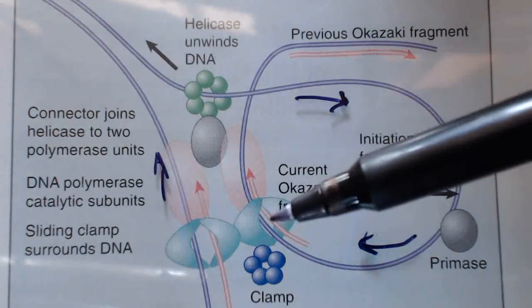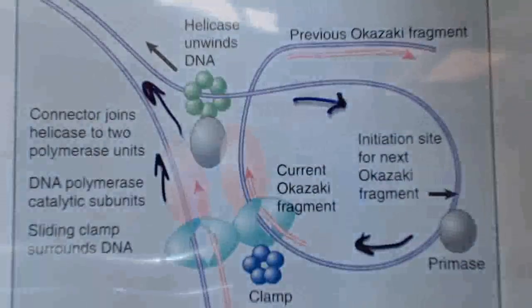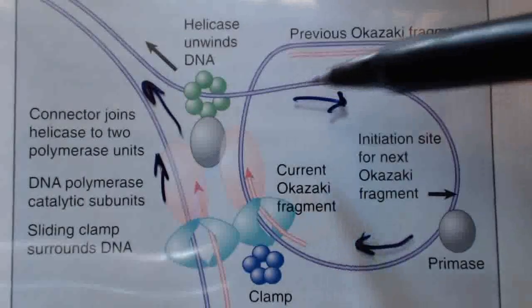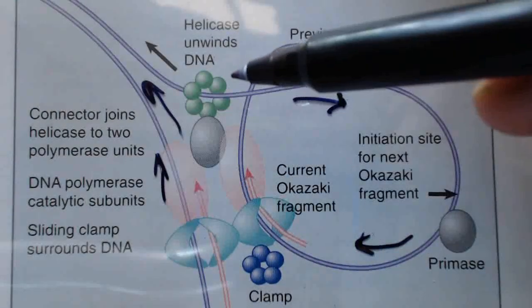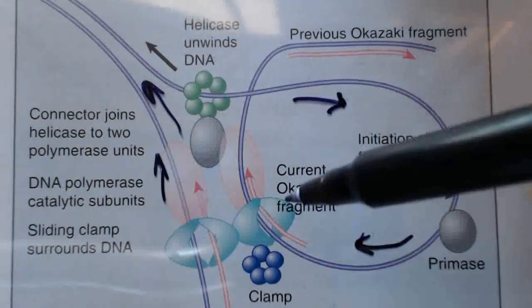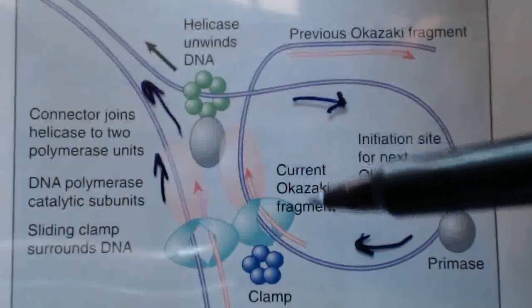So the only way to synthesize is obviously in this direction, right? So why not bend the other strand in that orientation? So they bend that other DNA in this opposite orientation. If it bends like that, what happens actually?